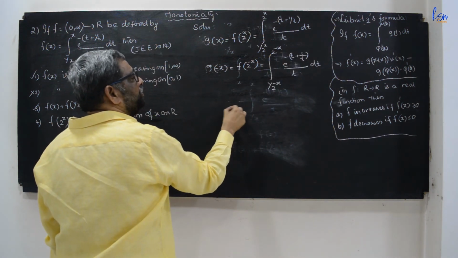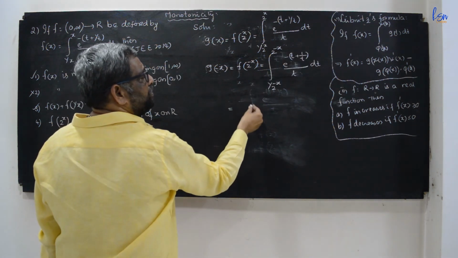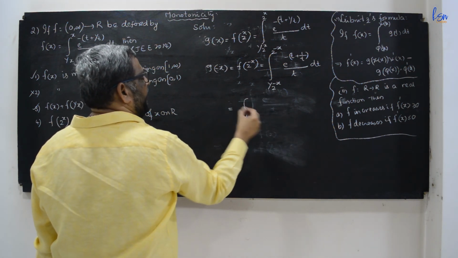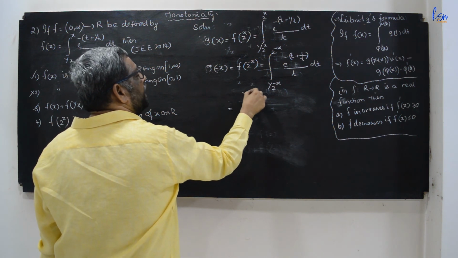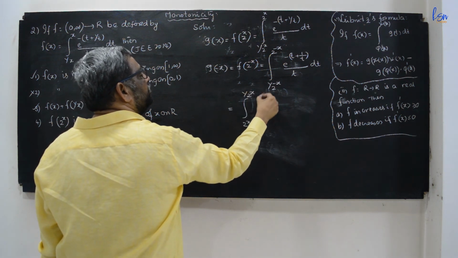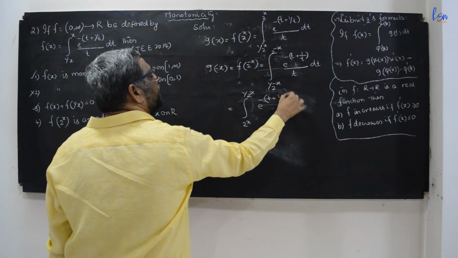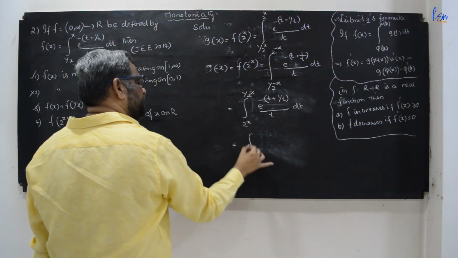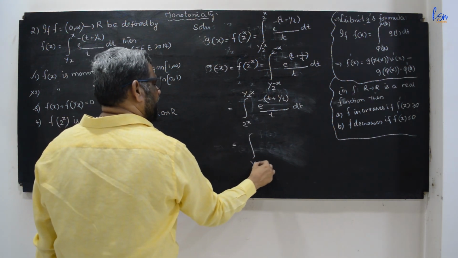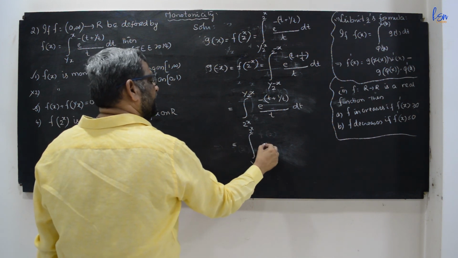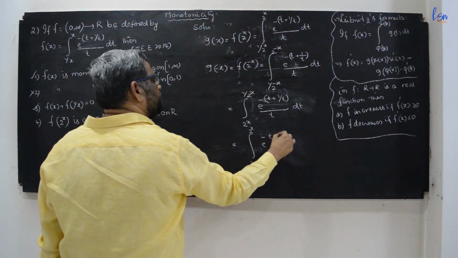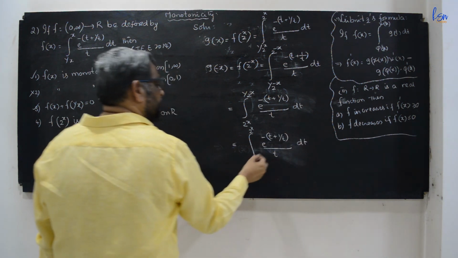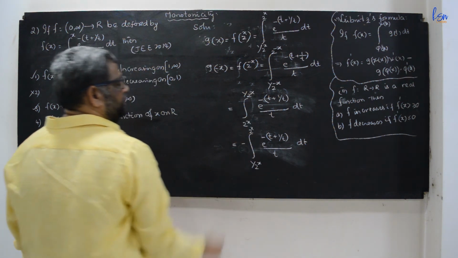This is 1 by 2 power minus x means 2 power x, and this is 1 by 2 power x of e to the power of minus t plus 1 by t, by t dt. And by interchanging the limits, you will get 1 by 2 to the power of x to 2 power x of e power minus t plus 1 by t, by t dt. So by interchanging the limits, you will find a negative sign here.